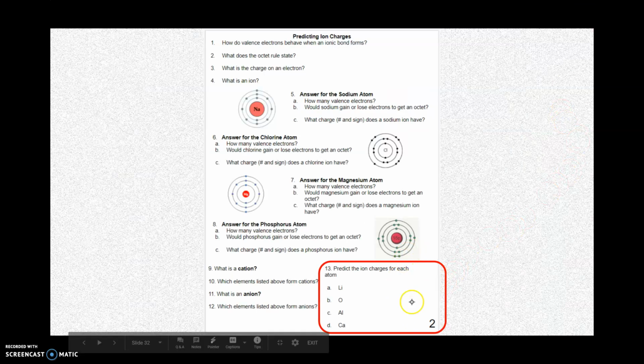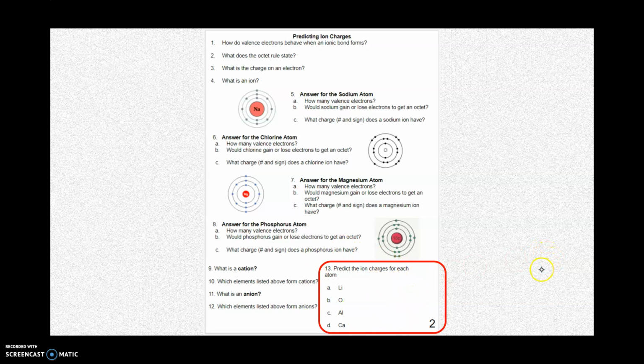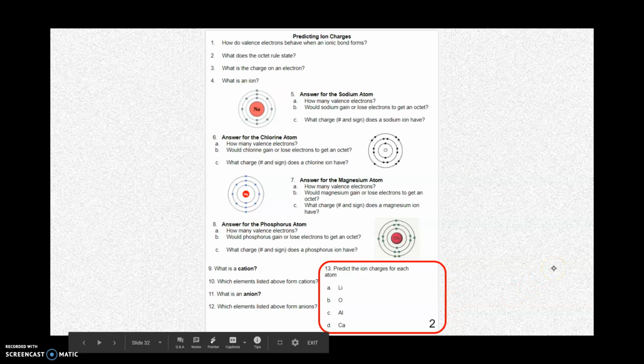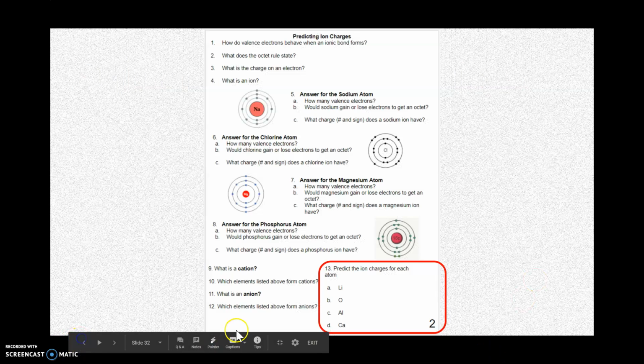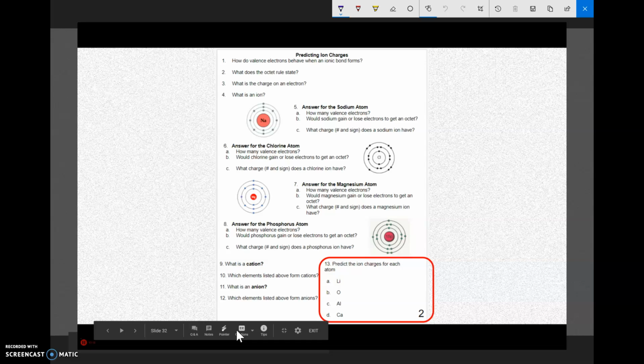Okay, now I want you to take a minute and predict the charges on these atoms. Go ahead and pause the video and do that. Okay, we're going to come back. Now let's double check. Lithium has a +1 charge because it's in group 1.